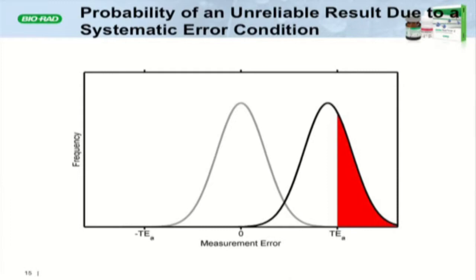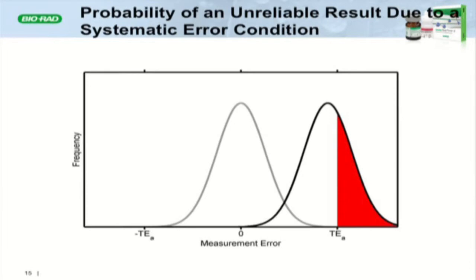Now, if a failure mode occurs, resulting in an out-of-control condition that causes this process to shift, so that now our measurement errors are reflected in the solid black curve. And if we have specified our allowable total error, which are denoted on the x-axis, then the probability of producing a result that is incorrect, that's unreliable, is the area under that curve that's outside the total allowable error limits. So it's shaded in red here. Okay?